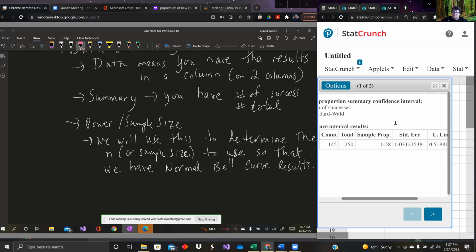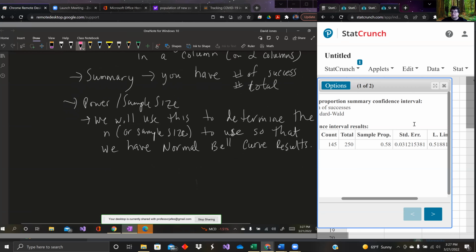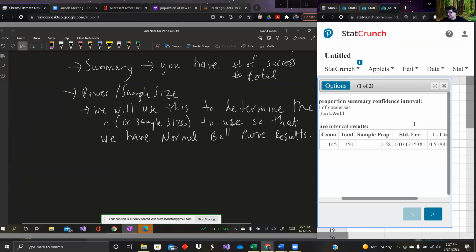But it tells us, and then that's our standard deviation. So StatCrunch yields our mu, which it calls sample proportion, and it gives us sigma, which it lists as standard error.